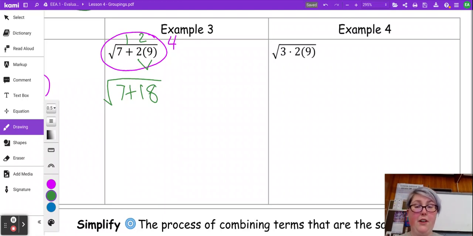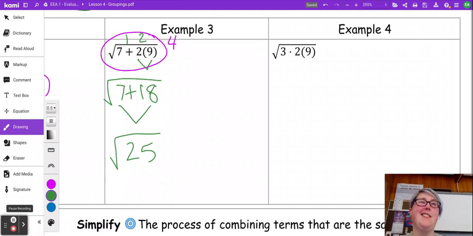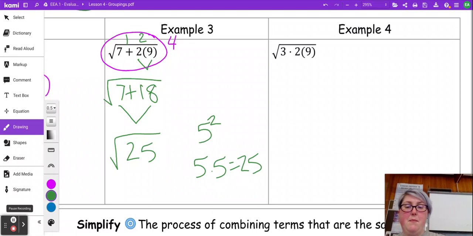And now we're left with a level 1. 7 plus 18 is 25. Now we're going to take the square root, the opposite of your exponent. An exponent is a number times itself: 5 to the second, or 5 times 5, equals 25. So that must mean the square root of 25 is 5.